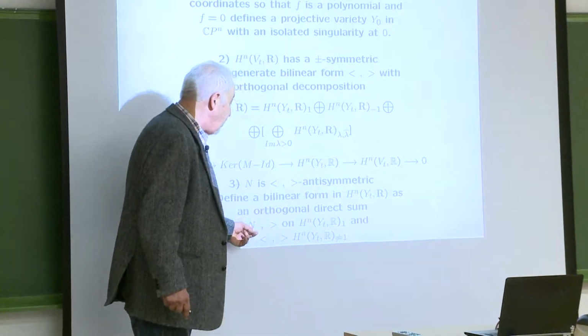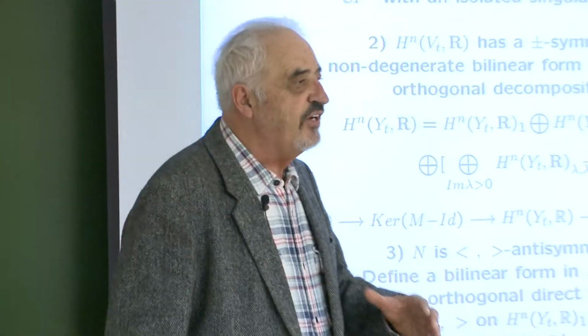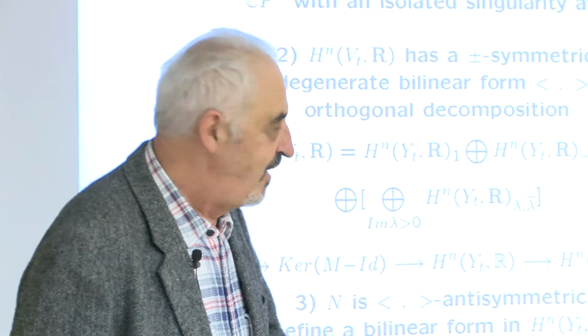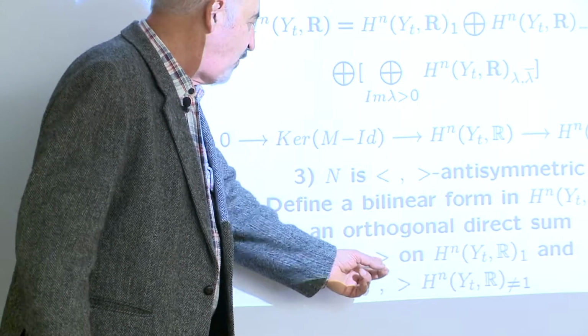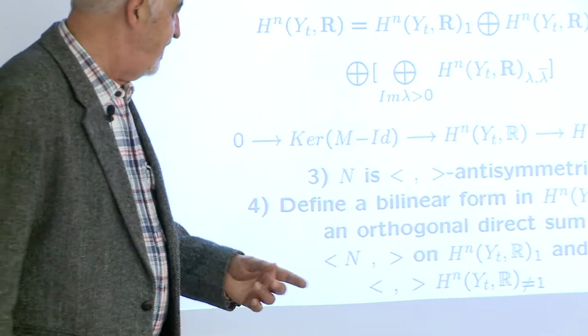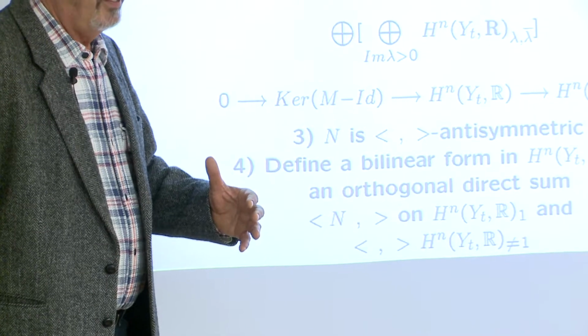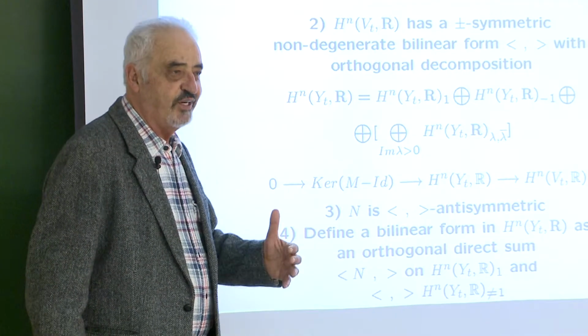Now, the problem is that N is an anti-symmetric operator with respect to the coproduct. So this means that if the coproduct was symmetric, when you put an N, it becomes antisymmetric. And if it's antisymmetric and you put an N, it becomes symmetric.